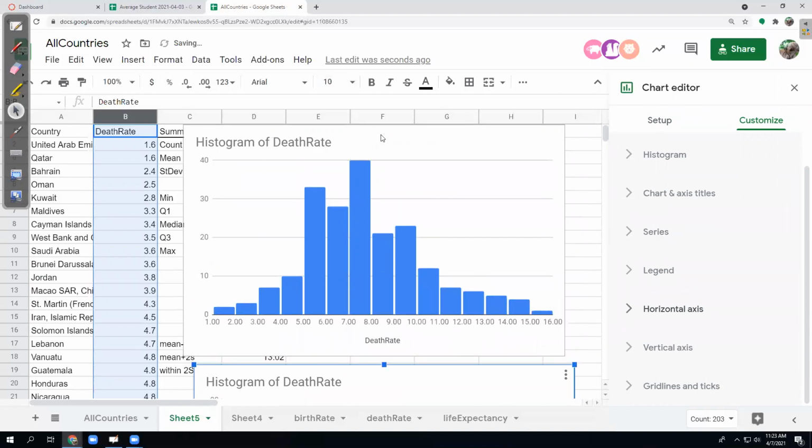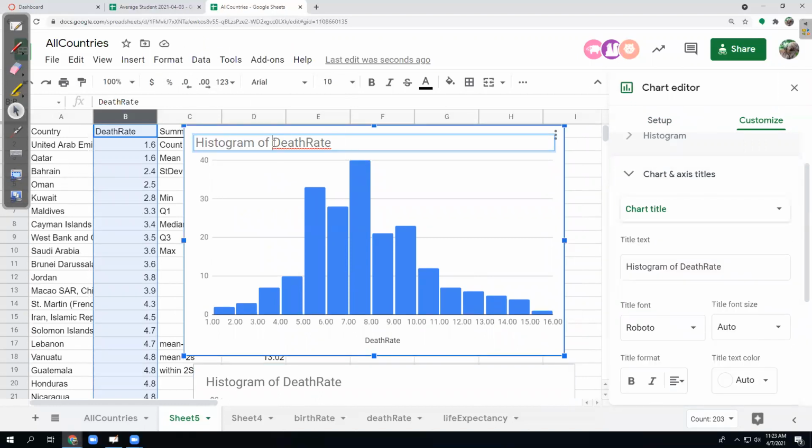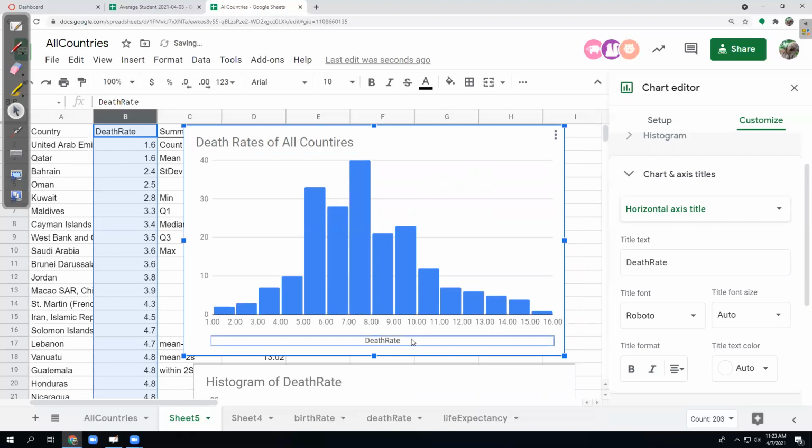Okay, so I should fix the titles. And death rate, like the birth rate, is going to be out of 1,000 people.